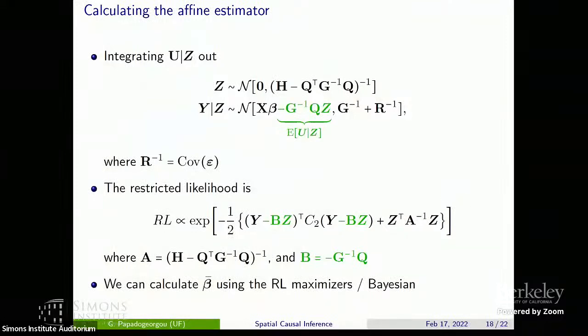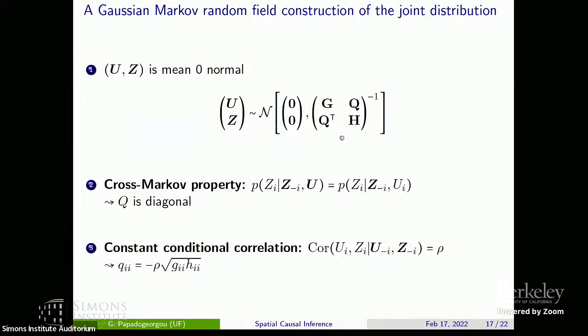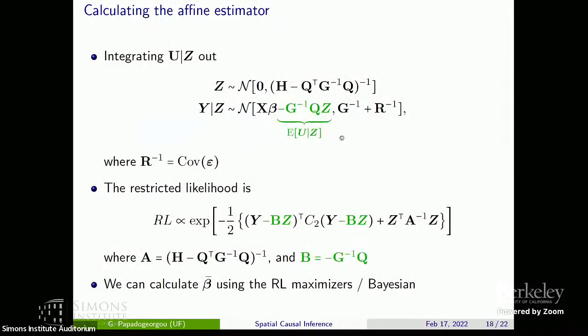And again, I'm not going to talk too much about this, but I want to talk about where these spatial parameters come in. If we look at the likelihood of our observed data, Z and Y, when we integrate this unmeasured spatial confounder out, we see that in the mean structure for Y, we have this term over here that corresponds exactly to the expectation of U given Z, which is the term that drives the bias.